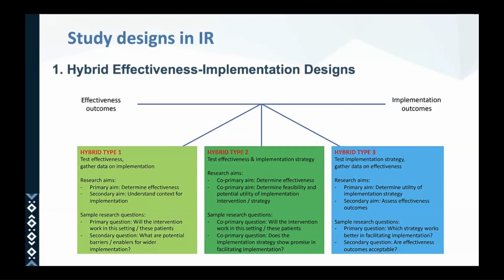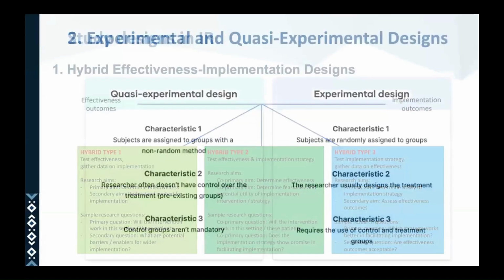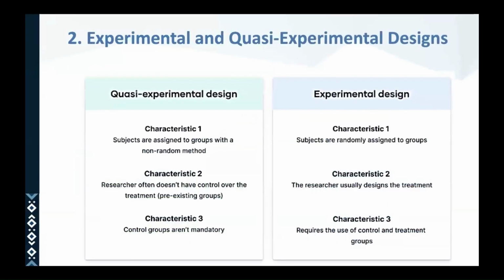The sample research questions here: primary question, which strategy works better in facilitating implementation? And the secondary question: are effectiveness outcomes acceptable? So this is for hybrid designs. Now we look at experimental and quasi-experimental designs.